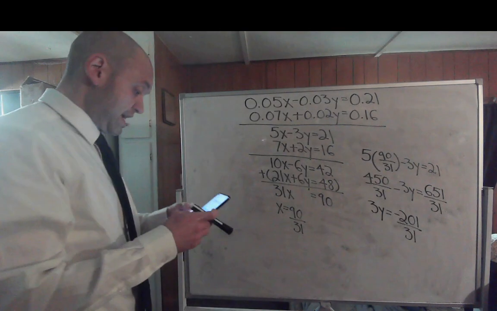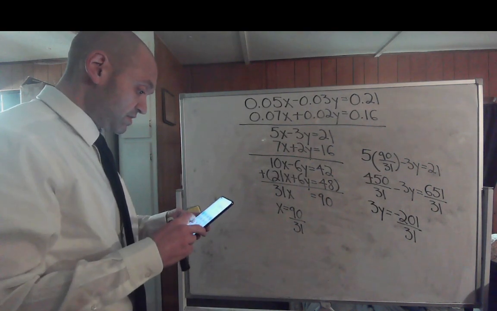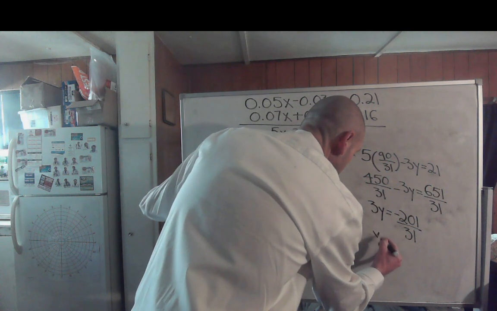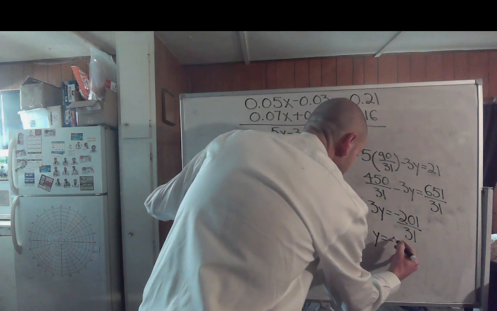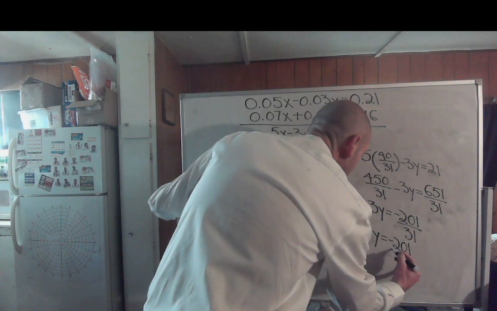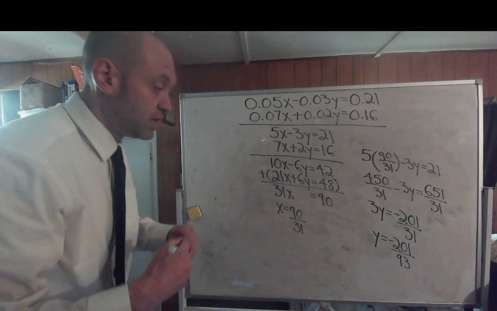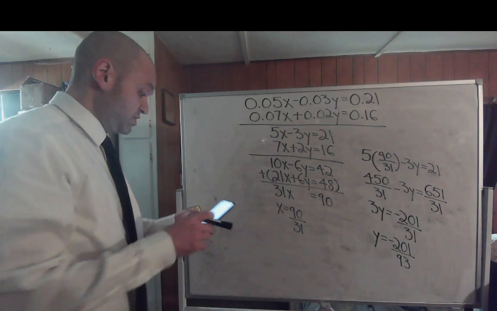Well, I don't think that's going to factor. Nope. So my final result should end up being y equals negative 201 over 93, but I want to see if 201 or 93 factor.